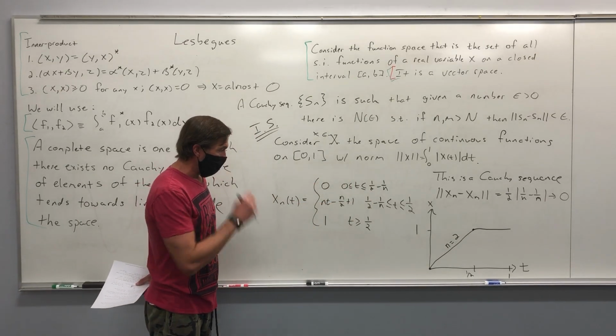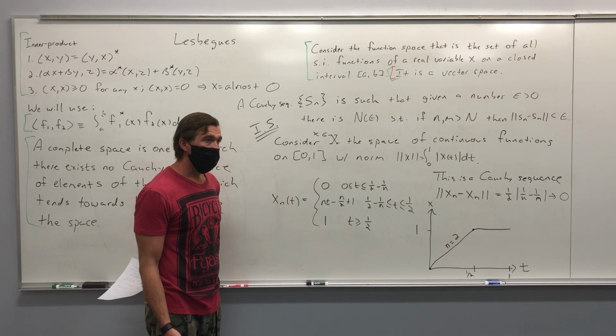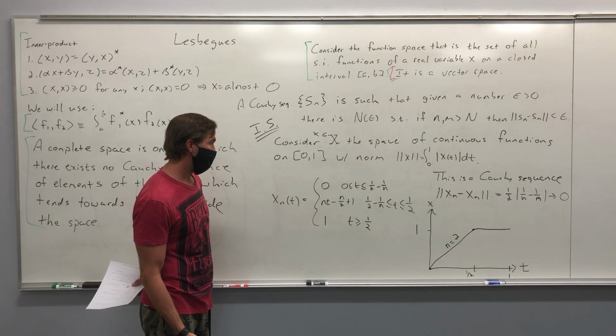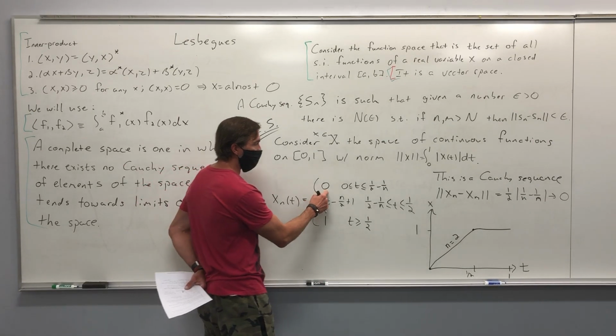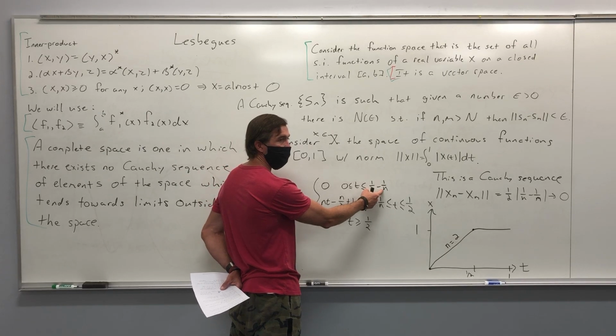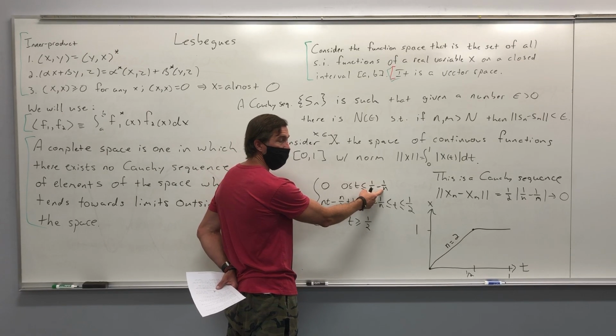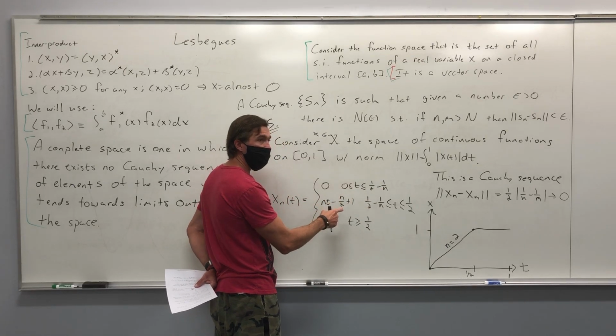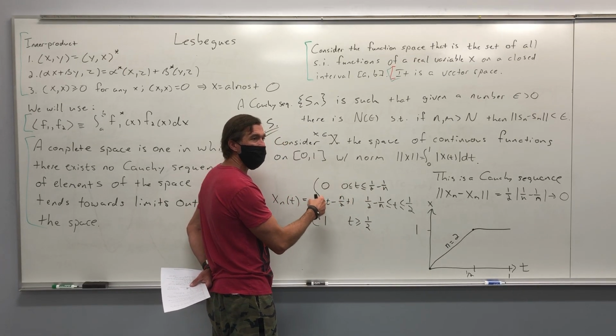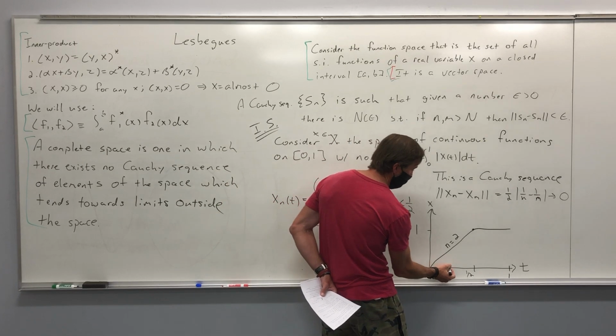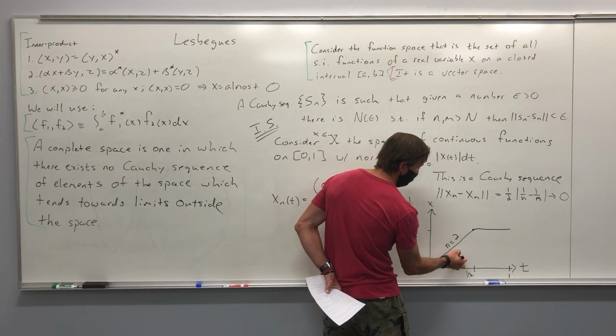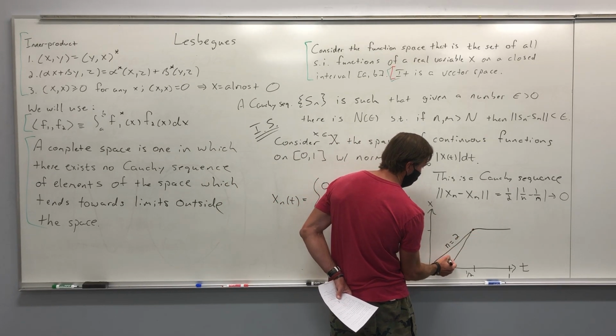Okay. N equals 3. Well, it's 0 for t up to 1/2 minus 1/3. And then it's going to be another constant slope function, such that it again intersects at this point.